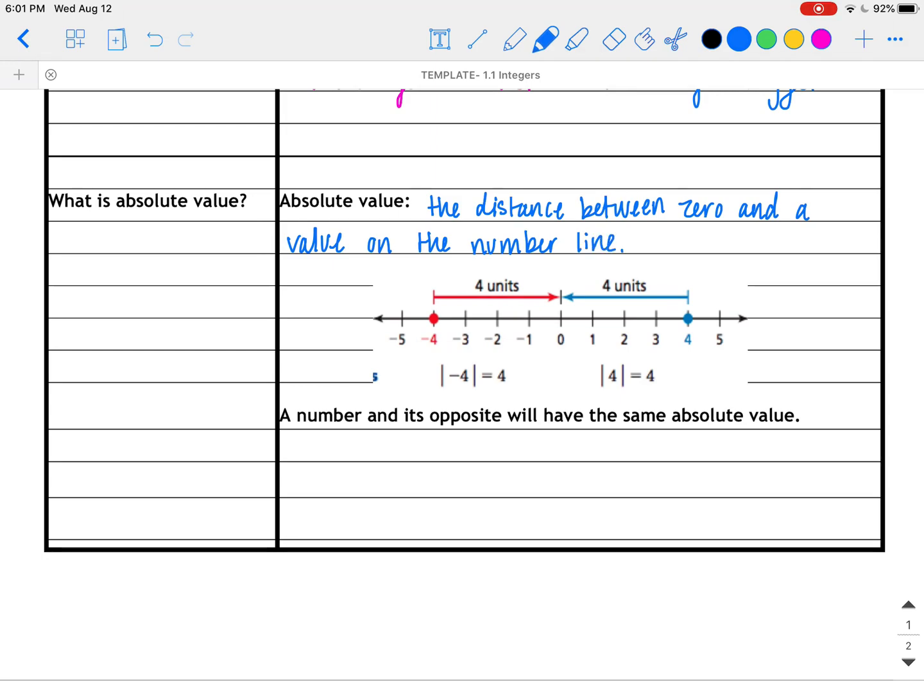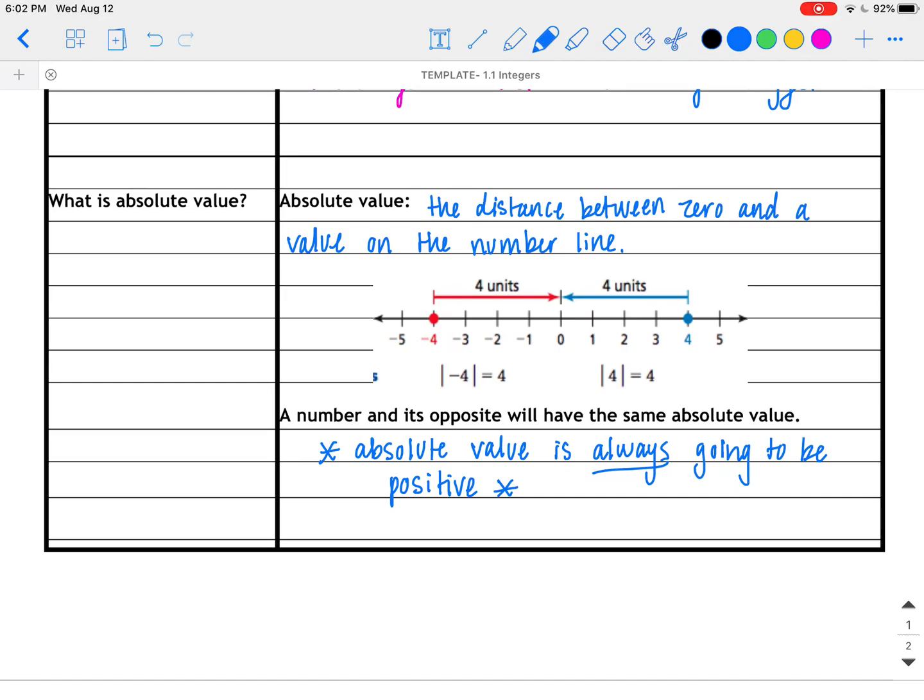And something that's very important to note is that there's no such thing as a negative distance, right? So absolute value is always going to be positive.